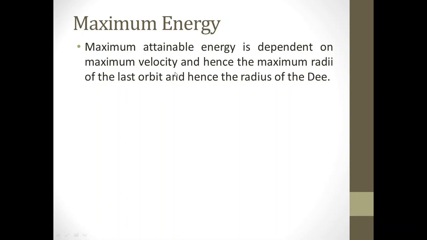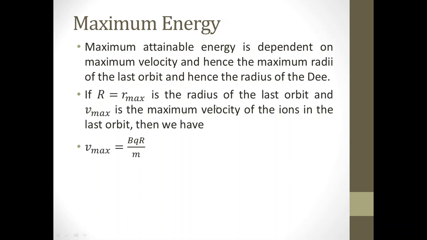So the maximum velocity again will be proportional to the radius of the last orbit and hence the radius of the D. It means the maximum velocity that can be attained in a cyclotron depends upon the size of the D. That is the maximum radius that the particles can have inside the D.